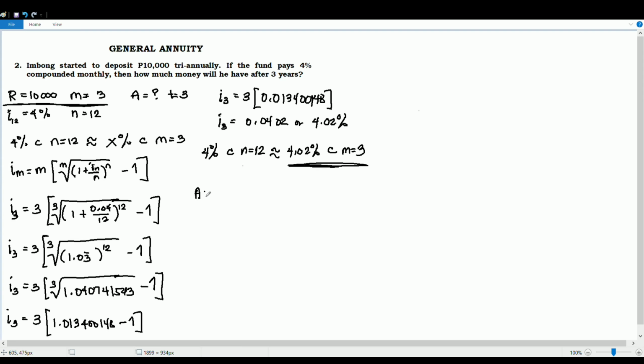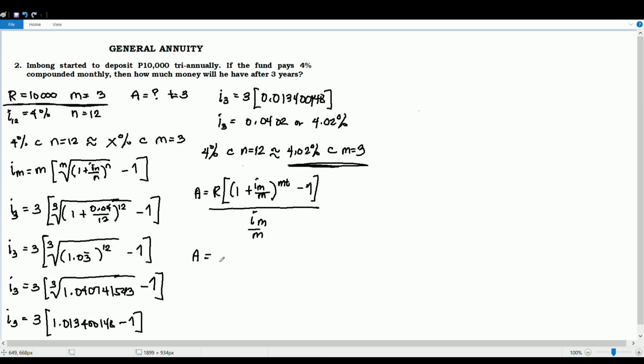So let's proceed with the formula of annuity. Annuity is equal to the regular payment times 1 plus I subscript m over m raised to mt minus 1, over I subscript m over m.